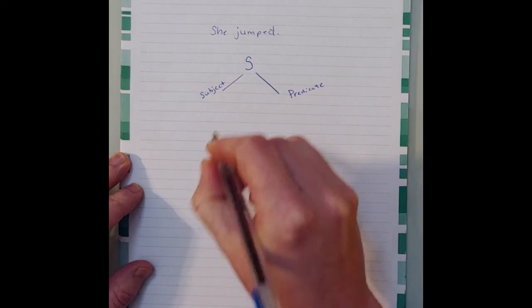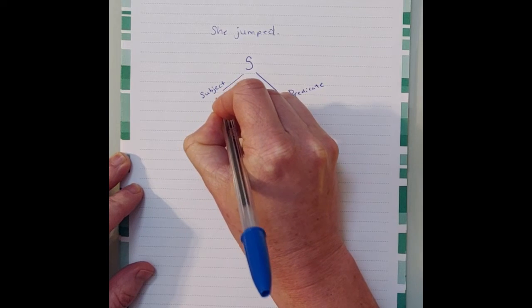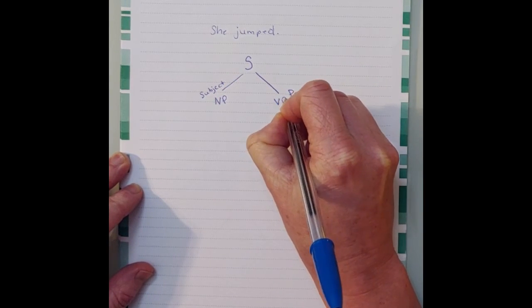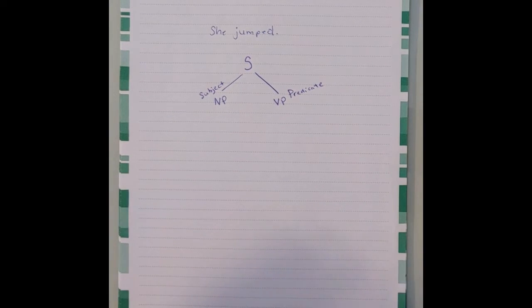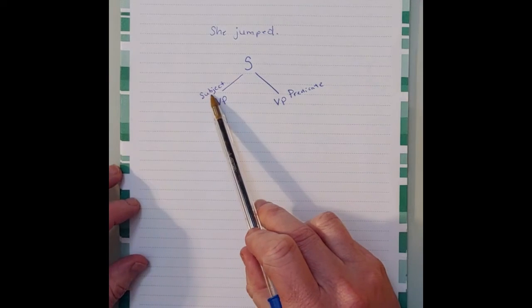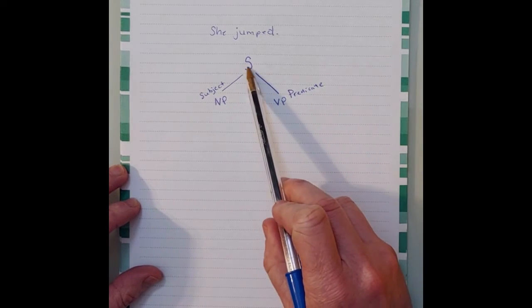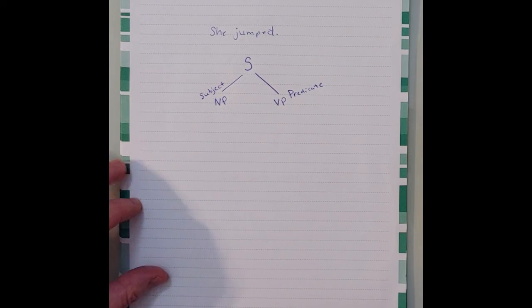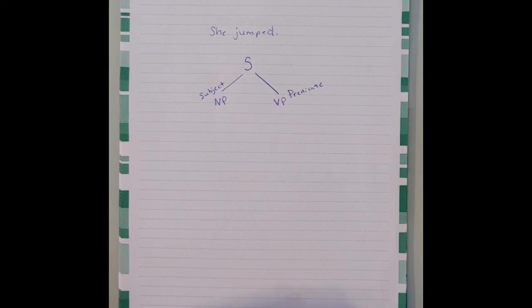Okay? So I know that my subject is always going to be a noun phrase, and I know that my predicate is always going to be a verb phrase. This is how we start our tree diagram. So from here on out, we're not going to write subject and predicate. We're going to have our sentence. We're going to put noun phrase and verb phrase because, again, in English, we are a subject predicate language. We are a noun phrase, verb phrase language.